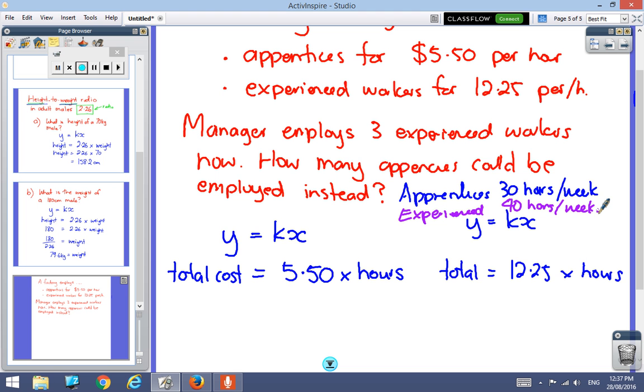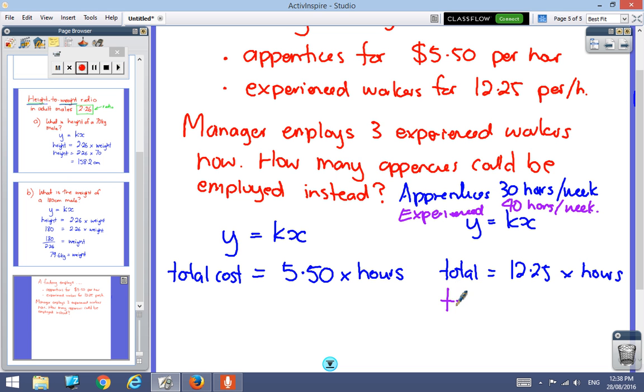So the question is, if the company currently employs 3 experienced workers for 40 hours a week, how many apprentices could they employ for the same money? Sorry, that was a bit disjointed. But this does give us a variable that we can start working with. So what we know is that there's 3 experienced workers.